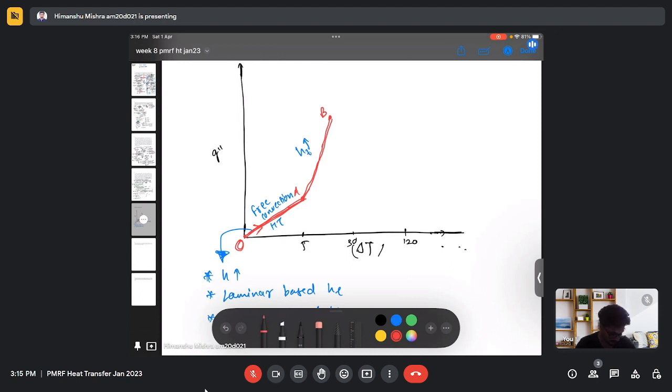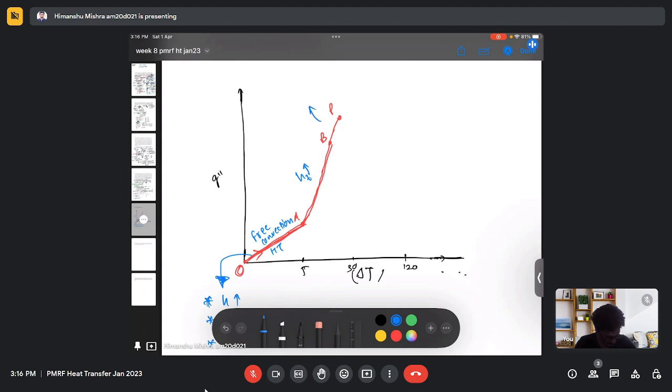And after point B, what happens? The heat flux increases as we increase the temperature, but the heat transfer coefficient starts decreasing. Let's say this is my point P. Here my heat flux increases, which is obvious from the plot, but my heat transfer coefficient starts decreasing, and this happens due to a lot of bubbles being created in the system.